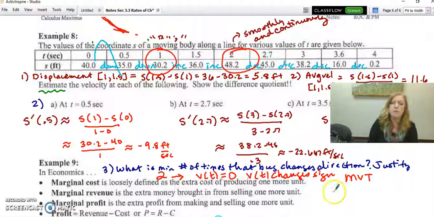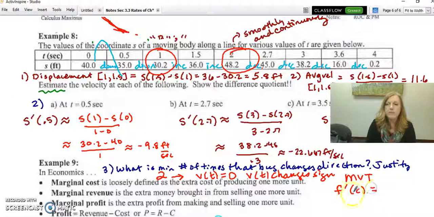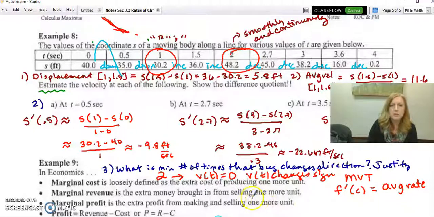Remember, the mean value theorem says that if you have a smooth and continuous function, then there exists a time c, where f prime of c, the instantaneous rate, is equal to the average rate that you calculate. So looking at this, I've calculated many of these average rates of change.